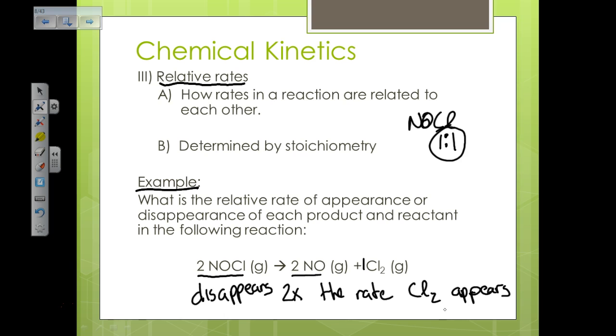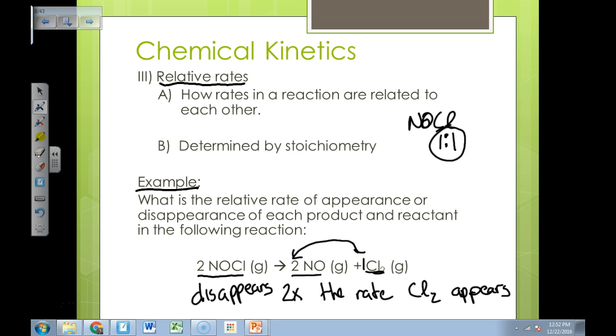And lastly, if we relate nitrogen monoxide with chlorine gas, we still have a 2-to-1 ratio. So NO appears at twice the rate that Cl2 appears.